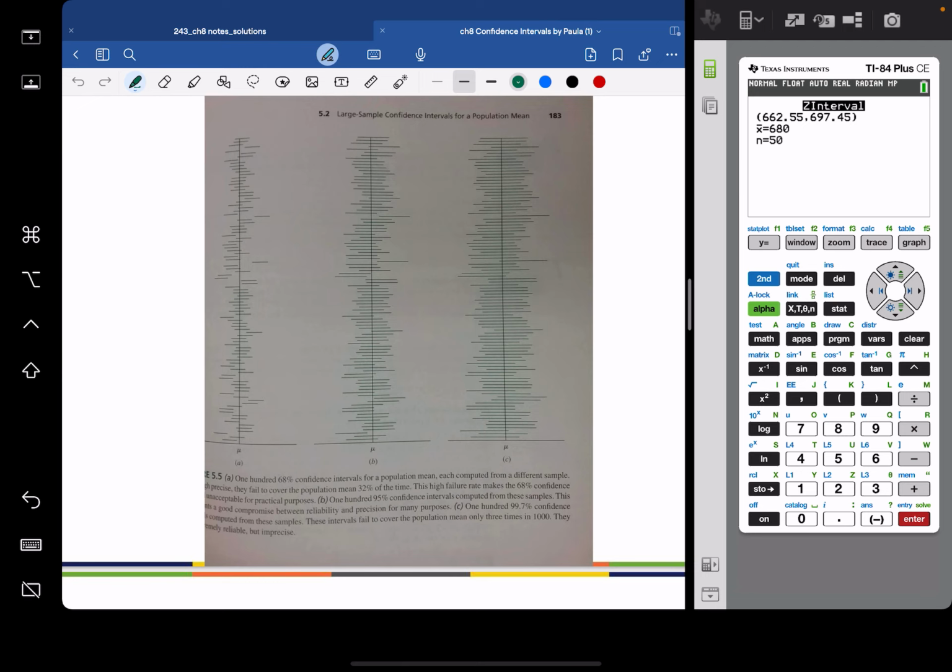mu is what we're trying to estimate, and the green lines, which I kind of want to zoom in on, are our attempts to create an interval, and sometimes we do a really terrible job and we completely miss the population parameter. So there would be an interval where we missed, there's another one where we missed.